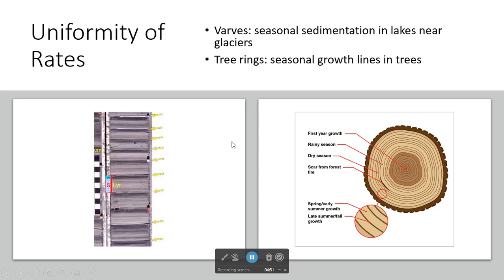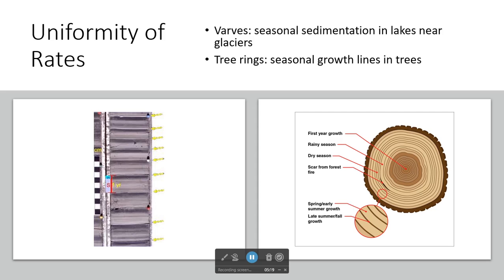We can also see uniform rates or growth bands in other things such as tree rings. On the image to the right, each thick band represents spring or early summer growth, when there's a productive growth season. And then each very thin band, indicated by the light brown, indicates late summer to fall growth, which is much less, because it's a less productive season.